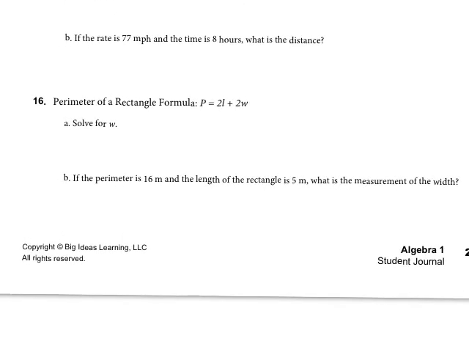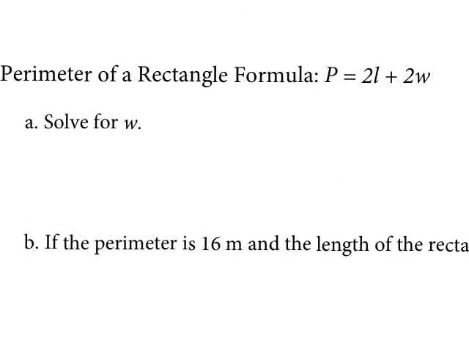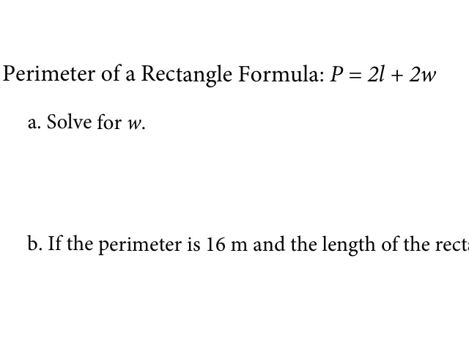Okay, guys, let's go ahead and solve for W. So if I'm trying to solve for W, I first want to get rid of that 2L term. So I'm going to subtract off 2L from both sides. On the left-hand side, P and L are not like terms, so I have P minus 2L.